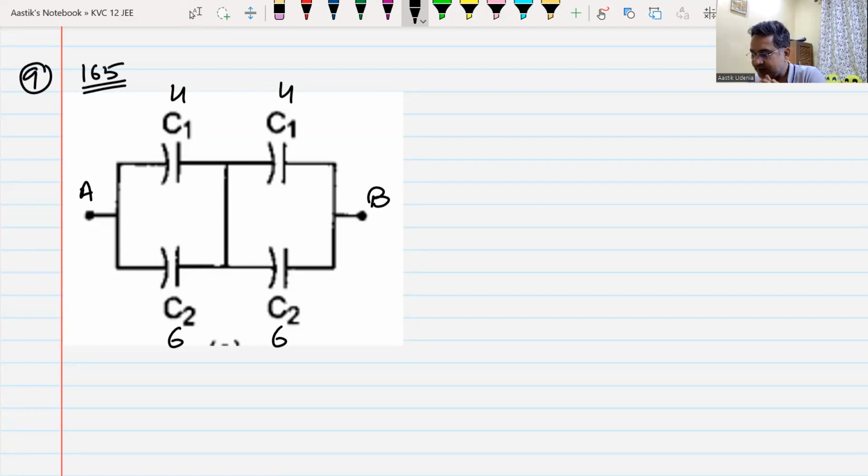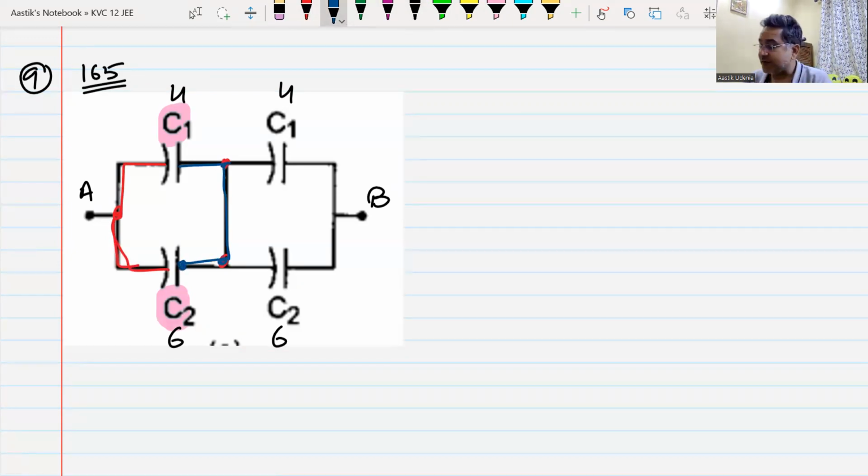Yes, sir. 5, sir. How did you get 5, sir? There is a wire connected between these 2 points. So basically these 2 points do not remain different points, they become the same point. Now when they become the same point, you look at this capacitor and you look at this capacitor. One of the plates of this capacitor is connected to point A here. The other plates of these capacitors are connected to each other.